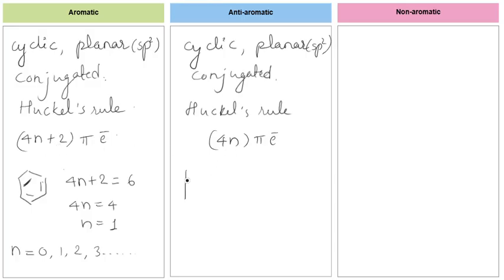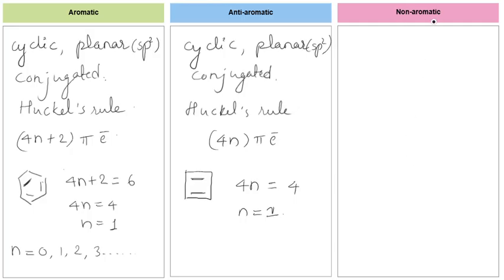Let's take an example and solve this. You can see that the molecule is cyclic and it is planar due to sp2 hybridization, and there is conjugation. Let's check for the 4n pi electron rule. So 4n is equal to 2 plus 2. There are 4 electrons and n is equal to 1. Again, n is a non-negative integer, so it is anti-aromatic in nature.